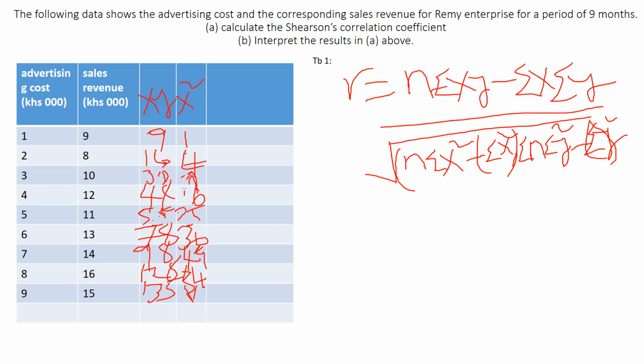And if we come to the next column, we are supposed to get the column of y squared.